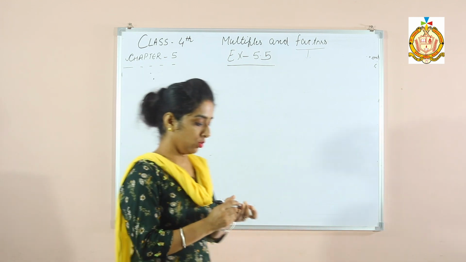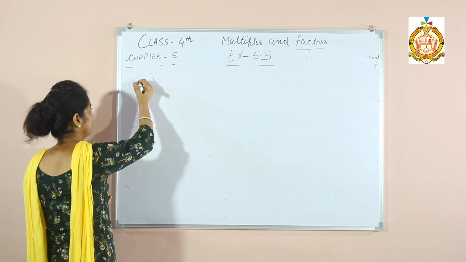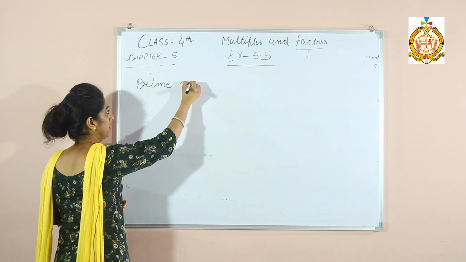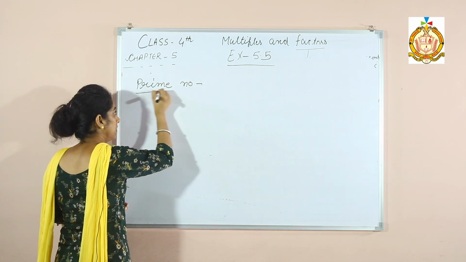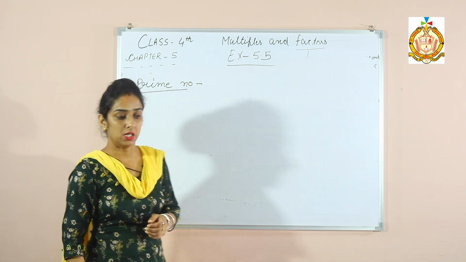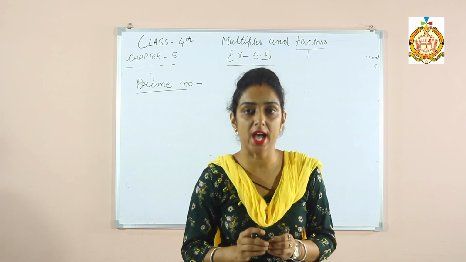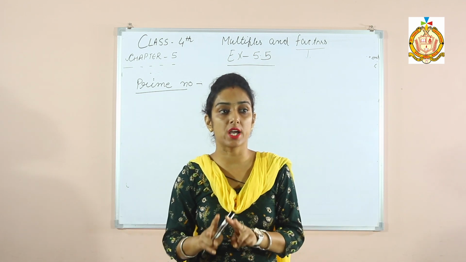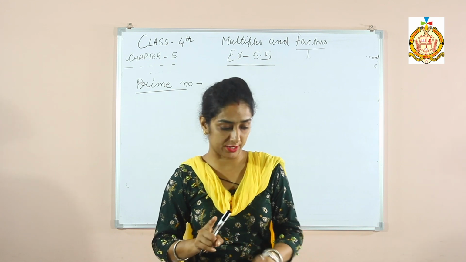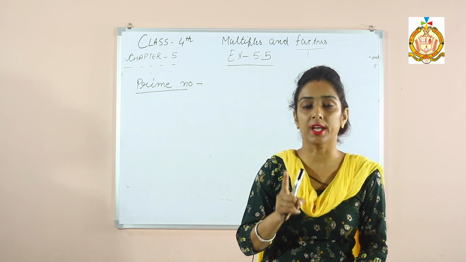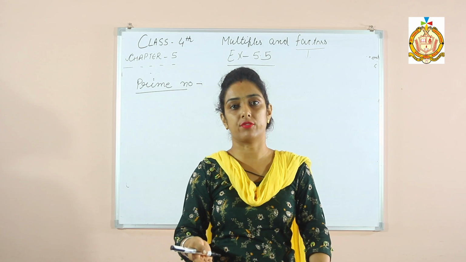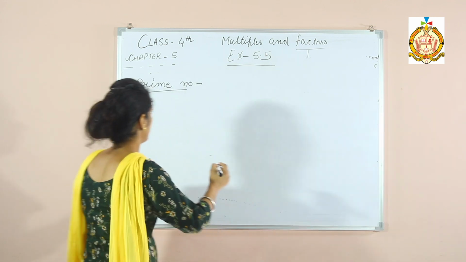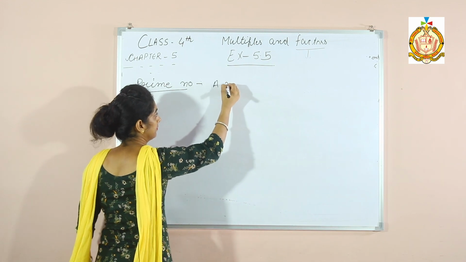Now students, what is a prime number? A number which has only two factors, that is 1 and the number itself, is called a prime number.